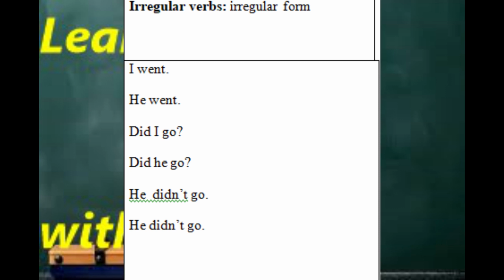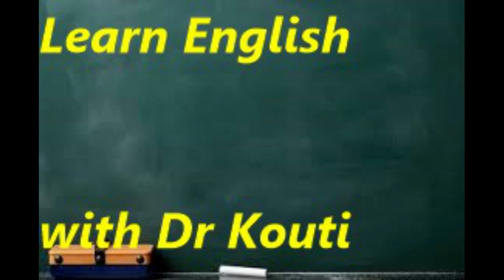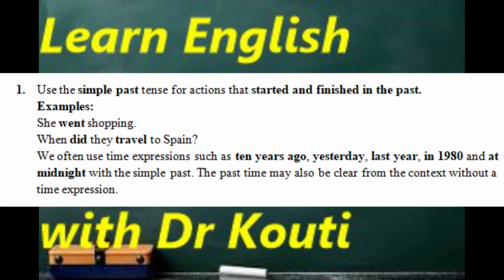Great. Now, let's explain when to use the past simple or the simple past. Number one, use the simple past tense for actions that started and finished in the past. Examples: she went shopping. When did they travel to Spain?